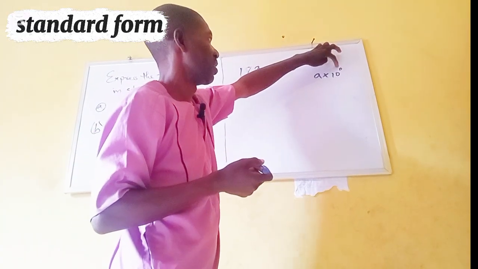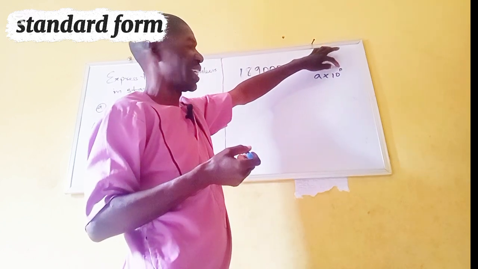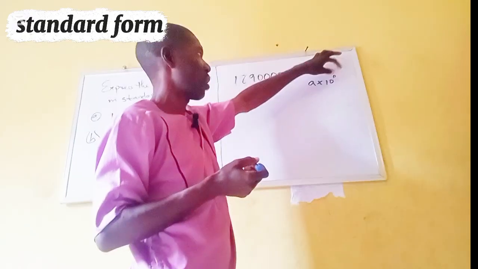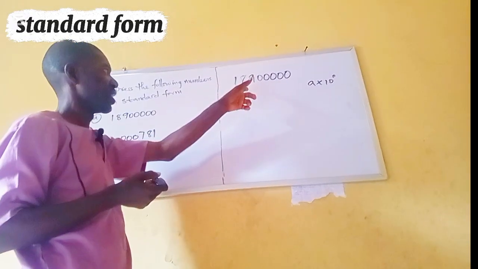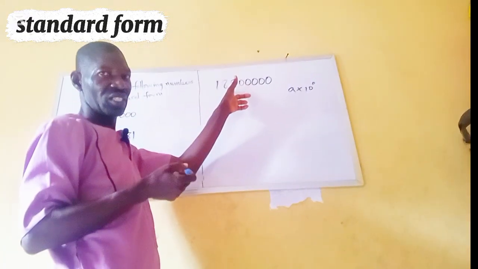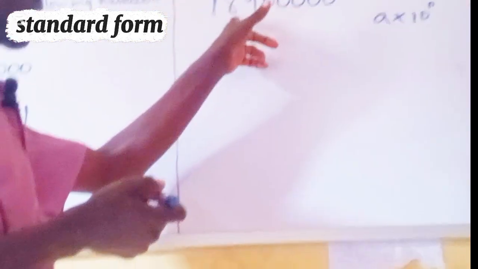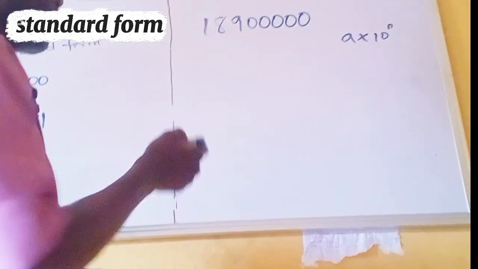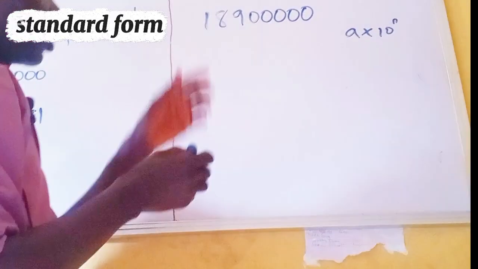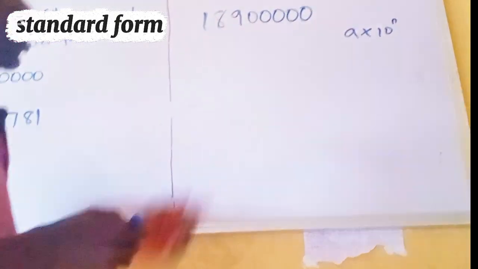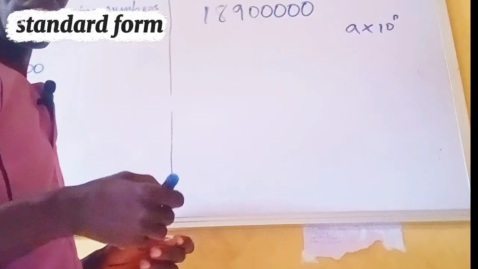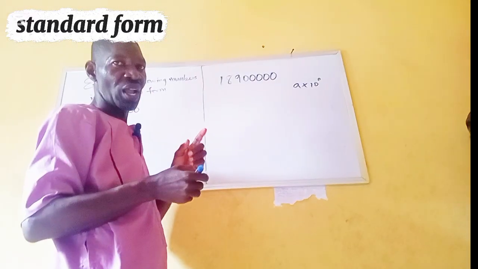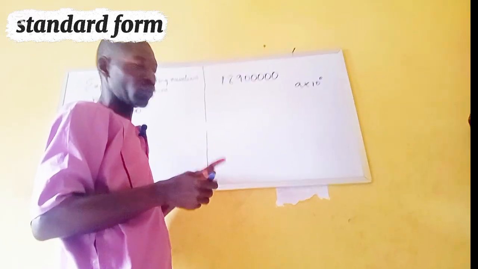This n is known as the index or power, and it represents the number of places the decimal point has moved. The very short way to go about this is to place the decimal point in between the first significant figure and the second significant figure.